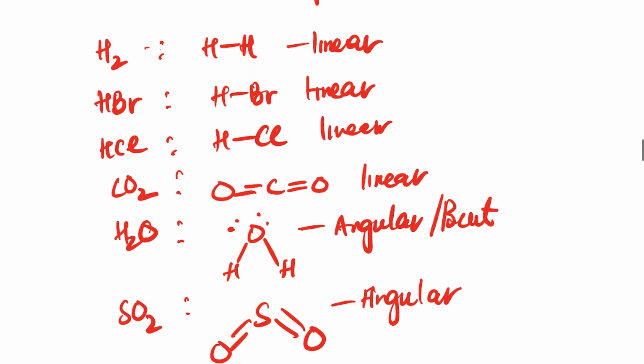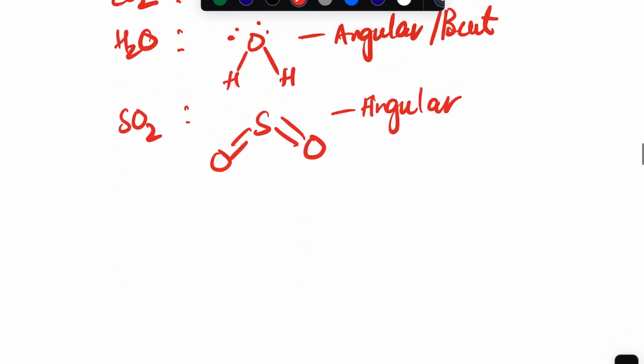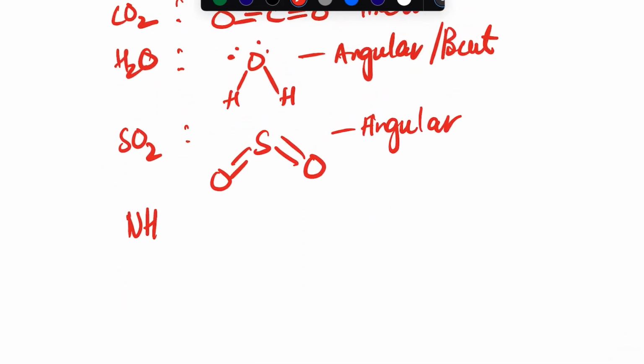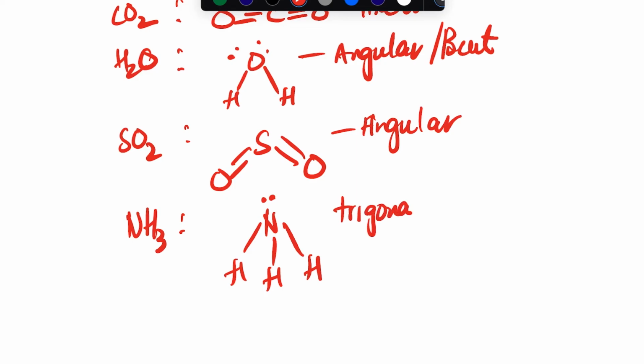And this one, okay, I'll finish up with that one. Let's look at the NH3. The shape of NH3 is that. So this one has lone pairs. It's trigonal pyramidal, right?